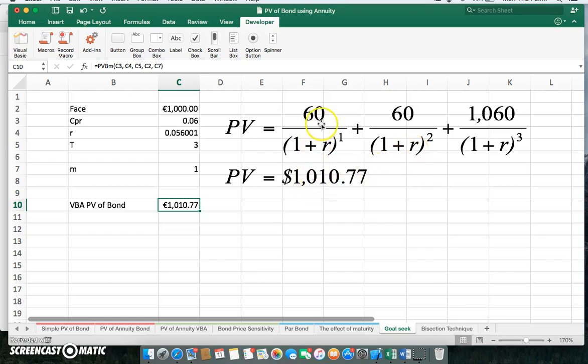Given that we know the coupons and the face, what rate of interest or discount rate is consistent with a bond price of 1,010.77?